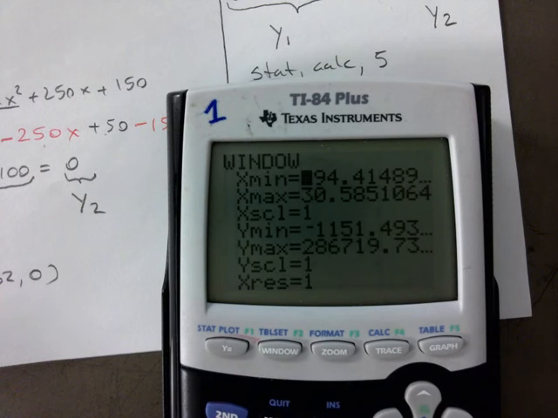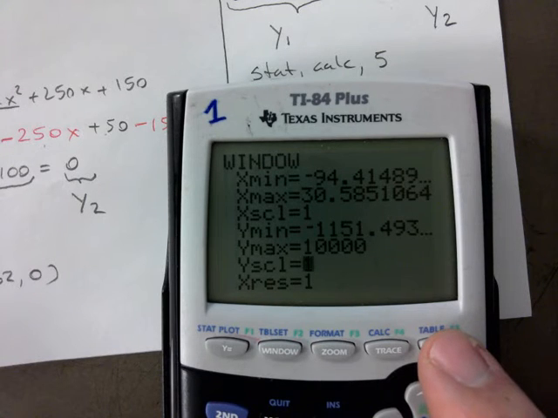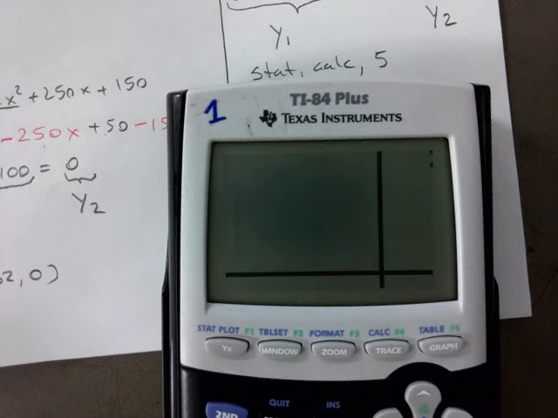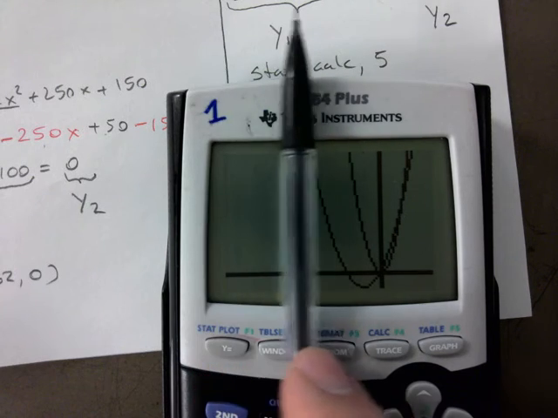So let's go to our window. And y max, we're gonna bring it down to like 10,000. Just change that for now. And then hit graph. Oh, there it is. Another one, look at the screen, okay? This is my X min. There's too much blank space here.